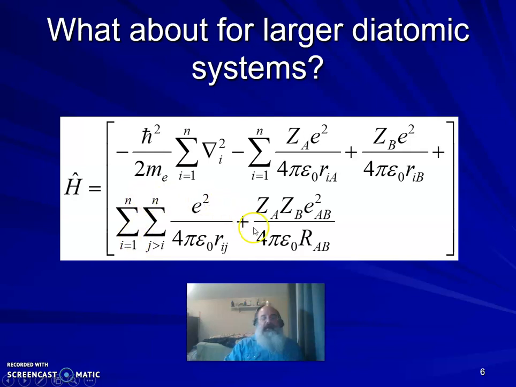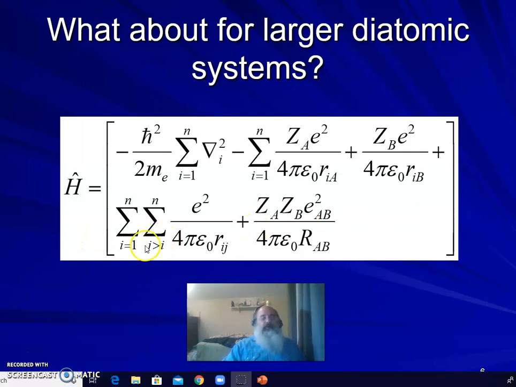Now, how many repulsion terms are there going to be? That one's going to be a double sum for the electron part, because each electron is going to be repelled by the rest. But if we just think of it as n squared, because electron 1 is going to repel electron 2 and so on, then we've got an issue there, because we'd be double counting.